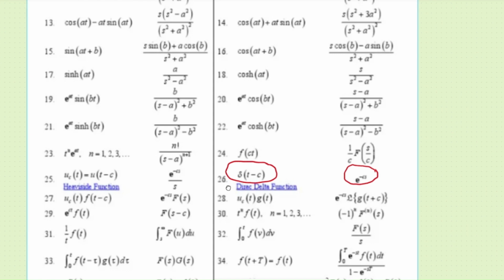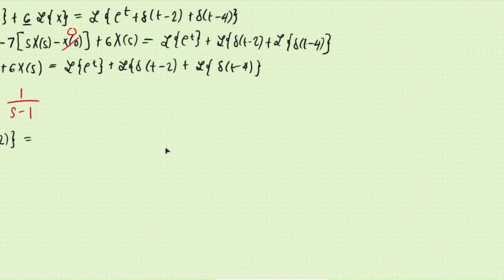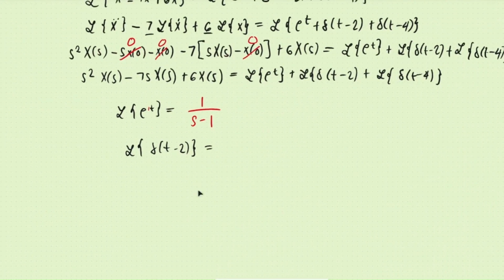That's the formula. So what's our c here? Our c is 2, right? So the Laplace transform of the Dirac delta of t minus 2 is just e to the negative 2s, because our c is 2, so we just plug it in here.